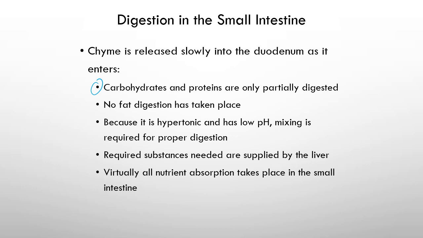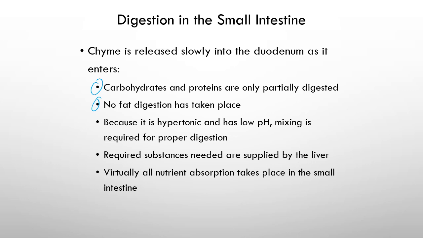Proteins, small amount of digestion there as well. We've got some other protein enzymes that are going to help to break them down in the small intestines also. Up to this point, basically no fat digestion. A little bit in the stomach, but that's it. So we haven't really done any kind of fat digestion up to this point.